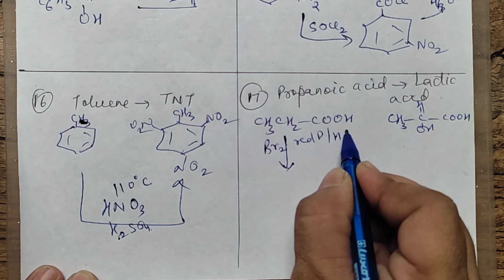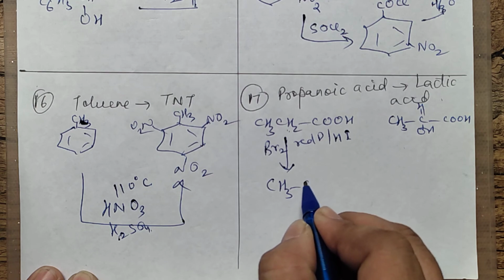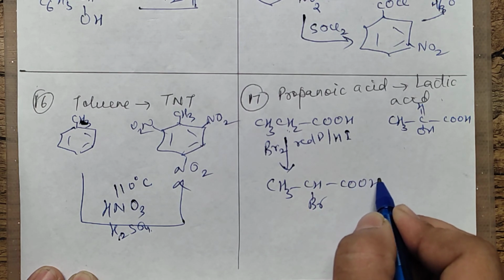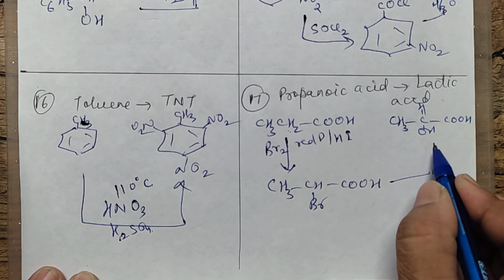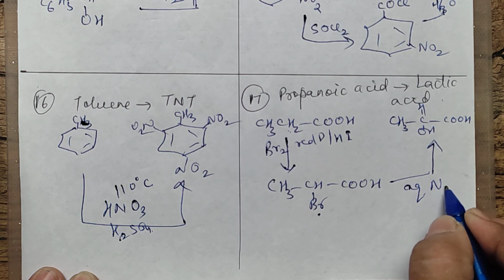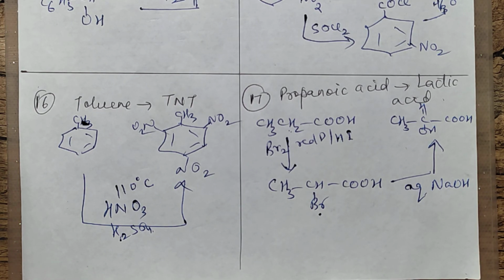So on the alpha position you will get bromine, that is CH3CHBrCOOH. Now we have to bring in OH at this position. You can react with aqueous NaOH or KOH. You will obtain the OH group, so that means lactic acid is obtained.